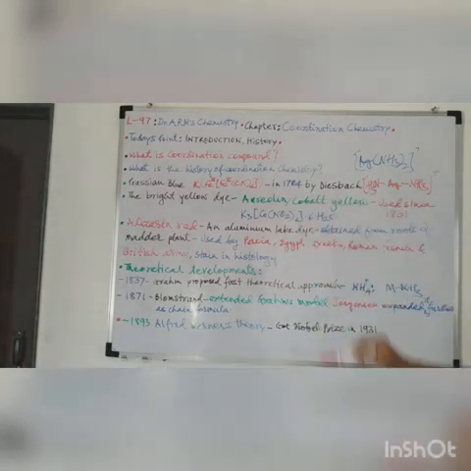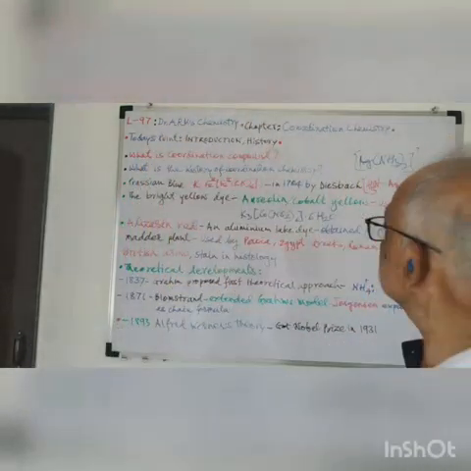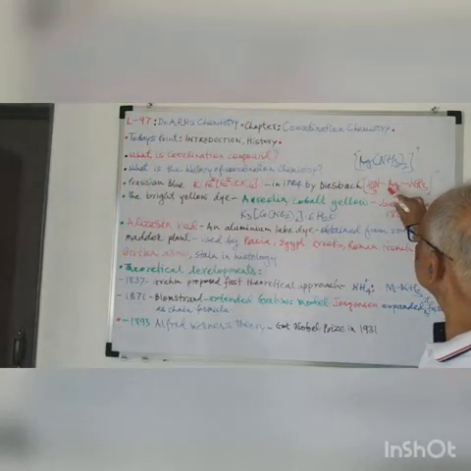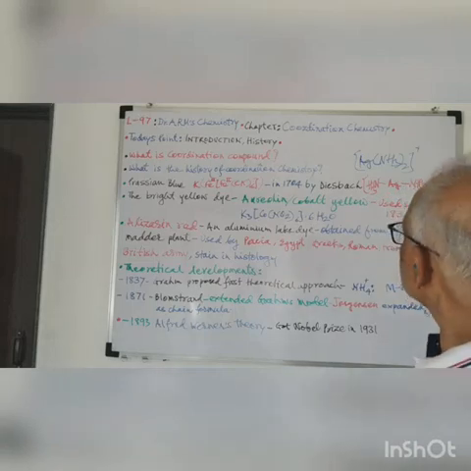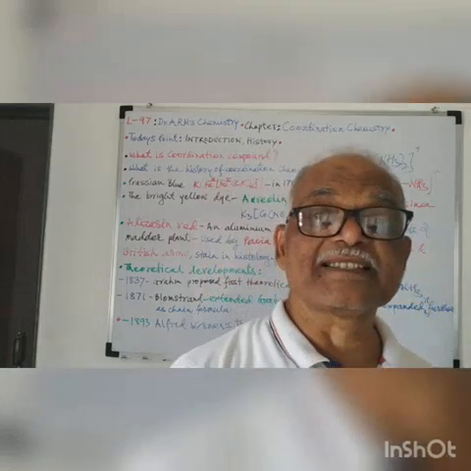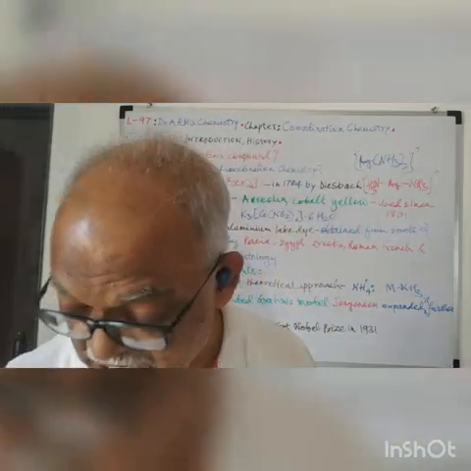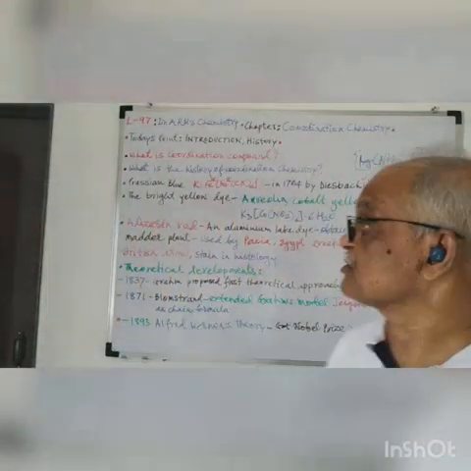We know that silver is a monovalent ion, but it is bonded to two ammonia molecules, so this is a coordination compound. We will discuss why this is so in a later part, when we discuss the structure.